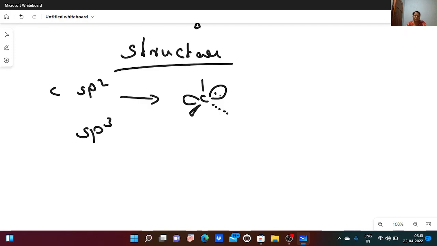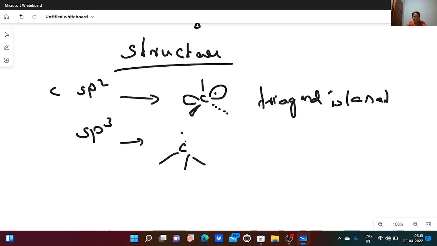But if we have sp3 hybridization, the shape is pyramidal, as we have seen in carbanions, and the unpaired electron will be in one of the sp3 hybridized orbitals.